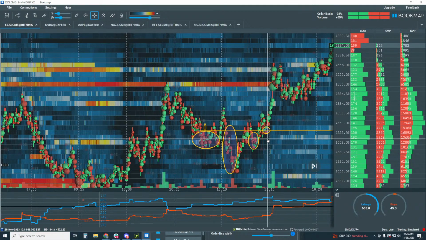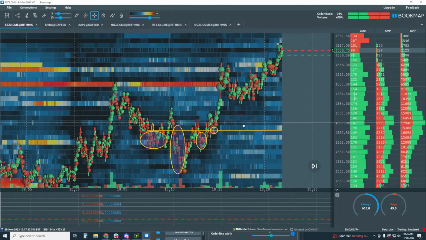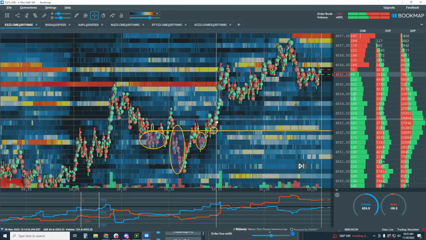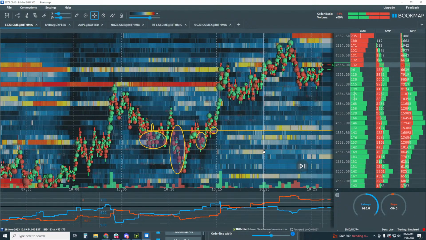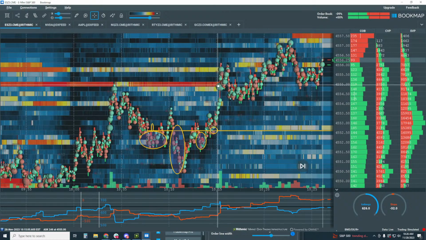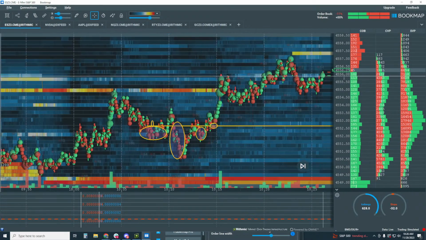Okay, so if it doesn't work immediately, take the small loss, look for it again, and you can see here, if you got in here in one of these areas, it didn't go a tick against you, right? And you would have reduced your risk on the way up, most likely.